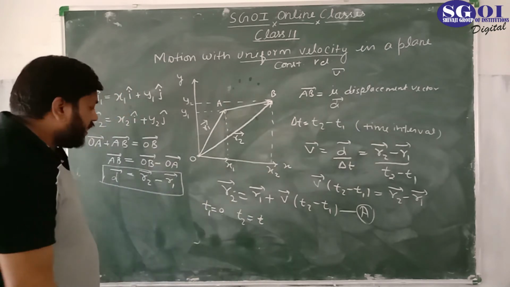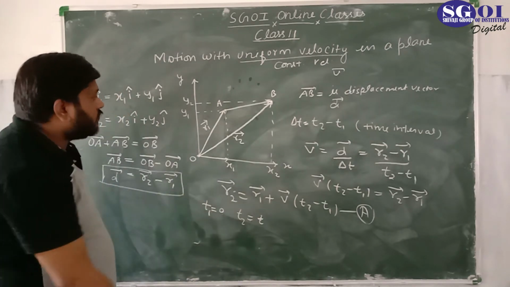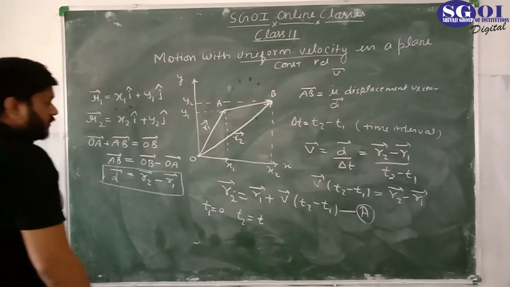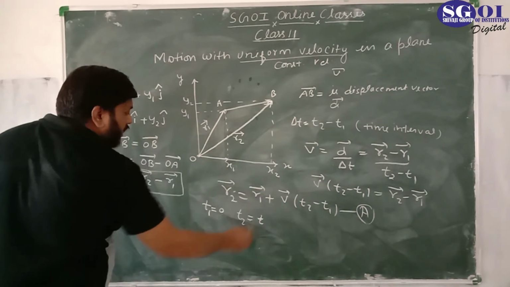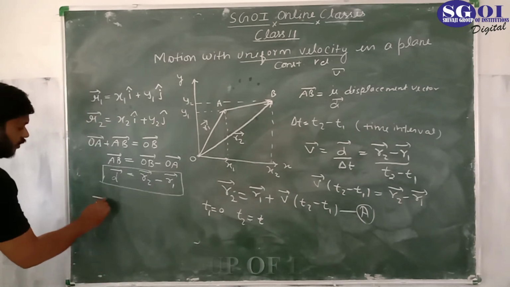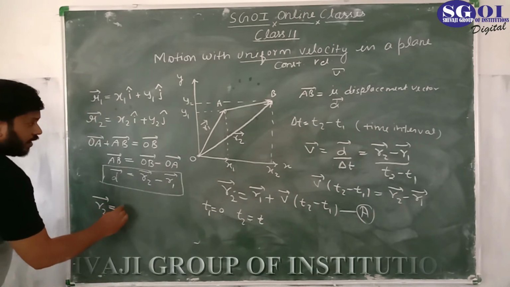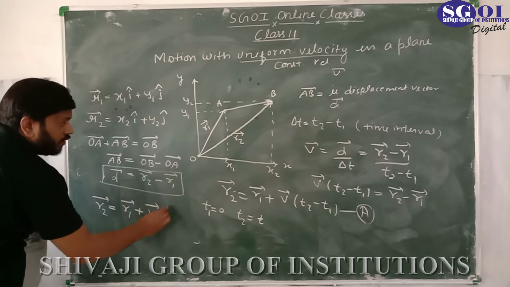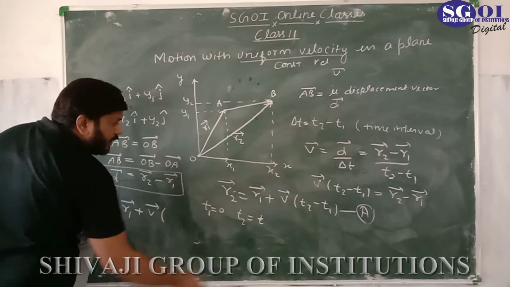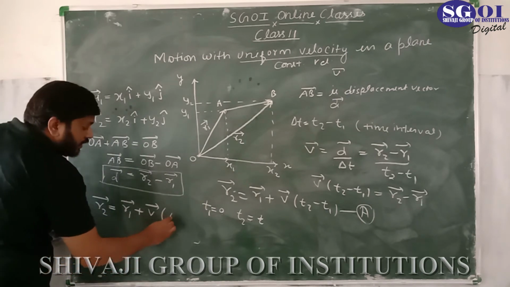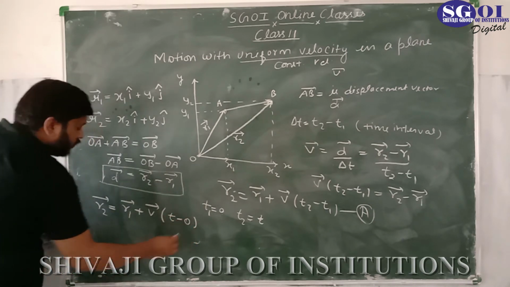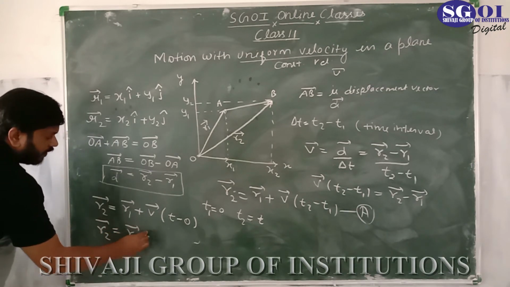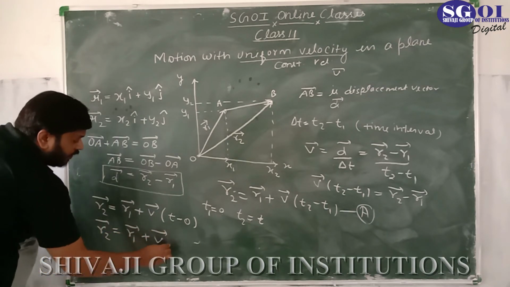Putting these values here, finally we get r2 vector equals r1 plus v vector into t.